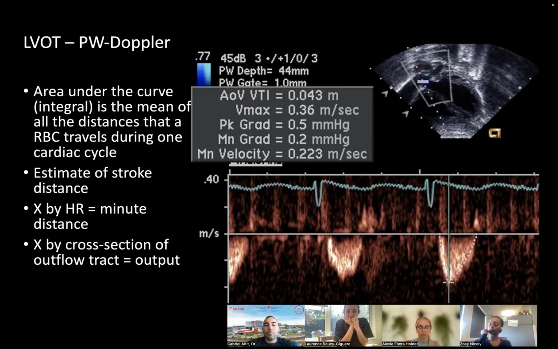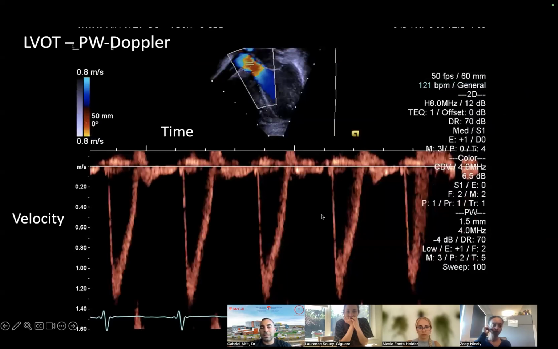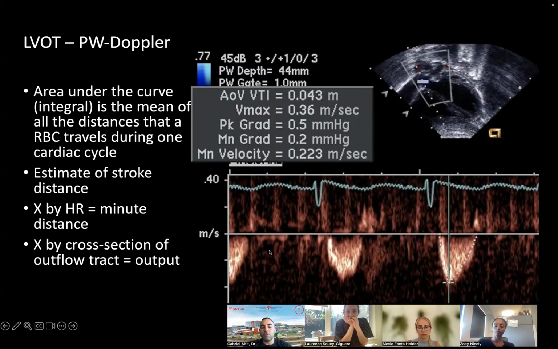So that's something important to take into account, but you can even see that the tracing, which represents the stroke distance, which is represented here, so it's 0.043 meters, is quite lower than what you would get in this particular velocity time interval. And so if you multiply by the heart rate, we call this the minute distance because it's normalized to time.